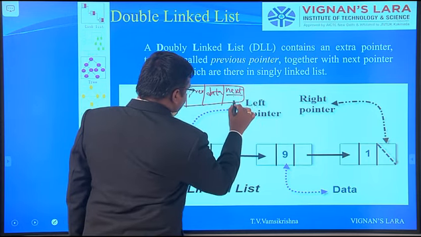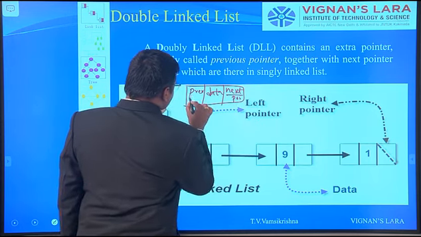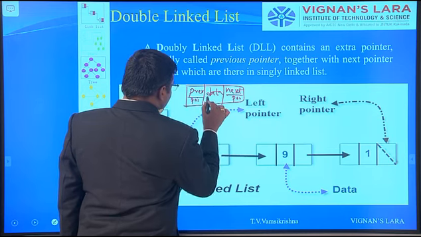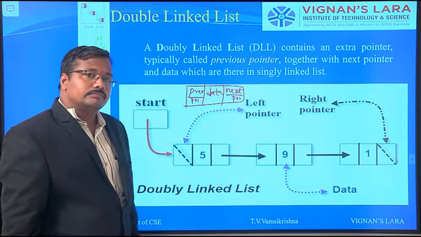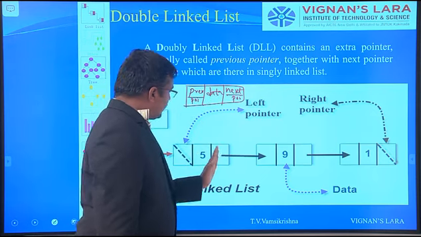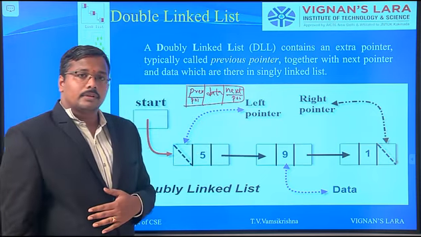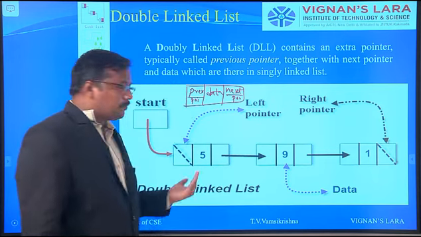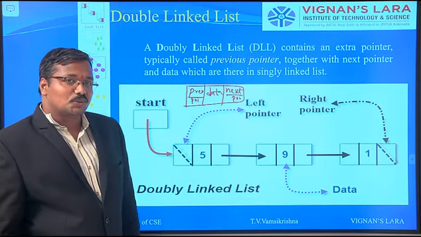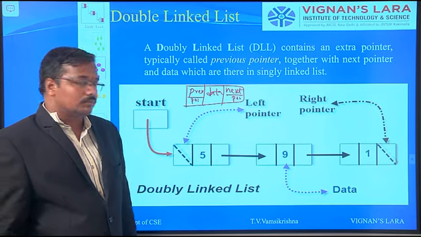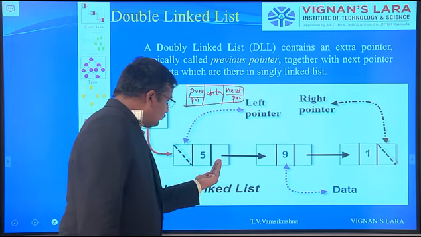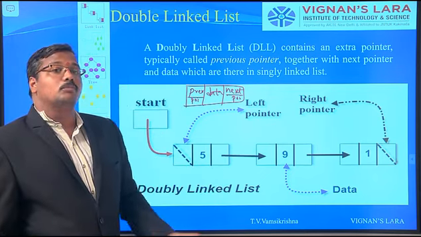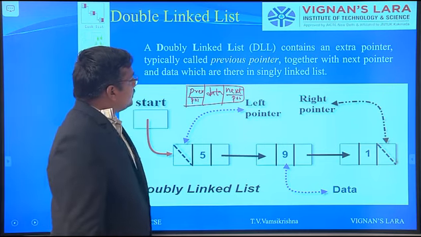This is a pointer, this is also a pointer, and this is the only required data item. By using the next node address, we move to the next node. By using the previous node address, we can get the previous data also, meaning from this node to the previous node also you can move. That is the benefit.